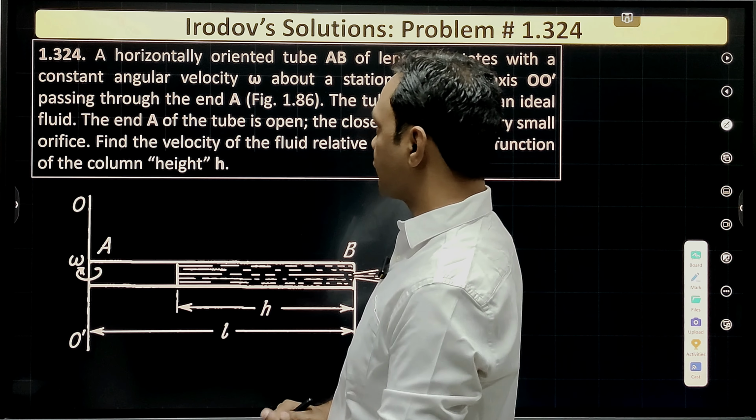Here pressure is P1, and that P1 is basically P atm.